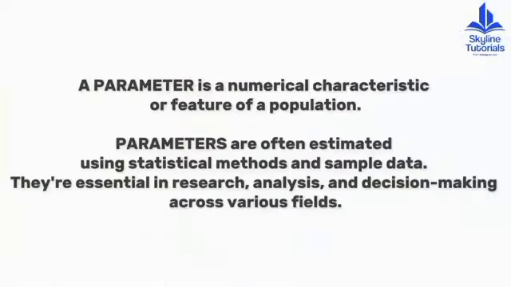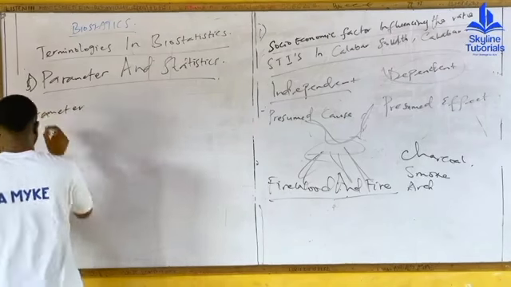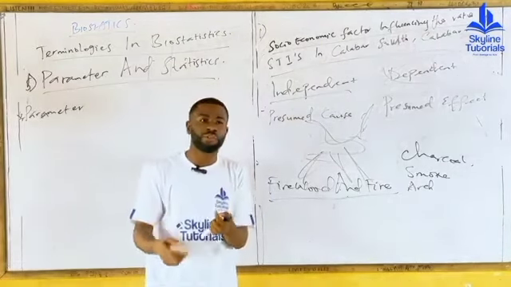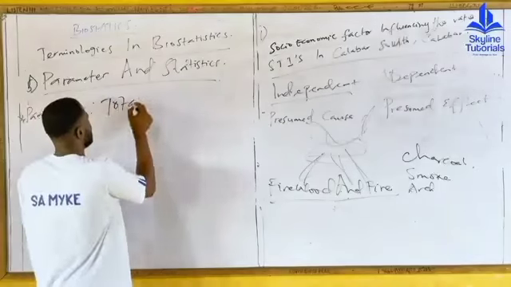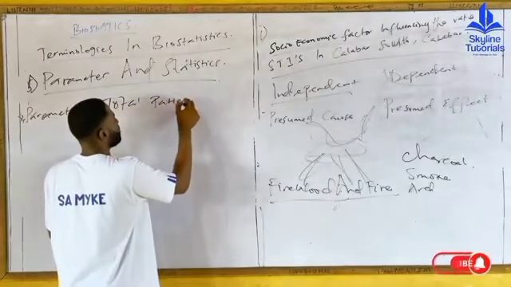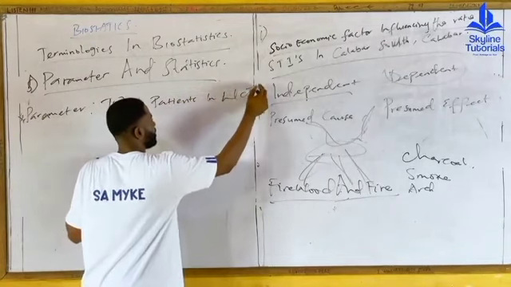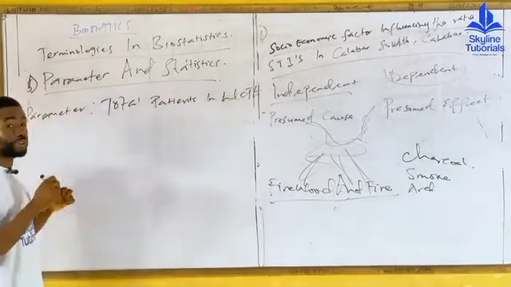Simply put, a parameter is the numerical value of a population. Let's say the total patients in a hospital, total patients in UCTH, University of Calabar Teaching Hospital.